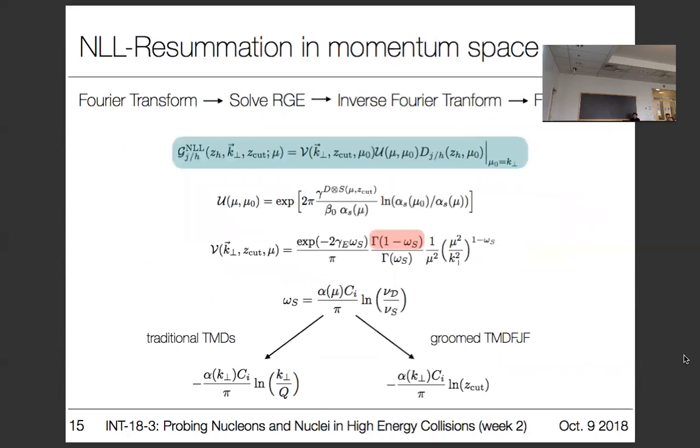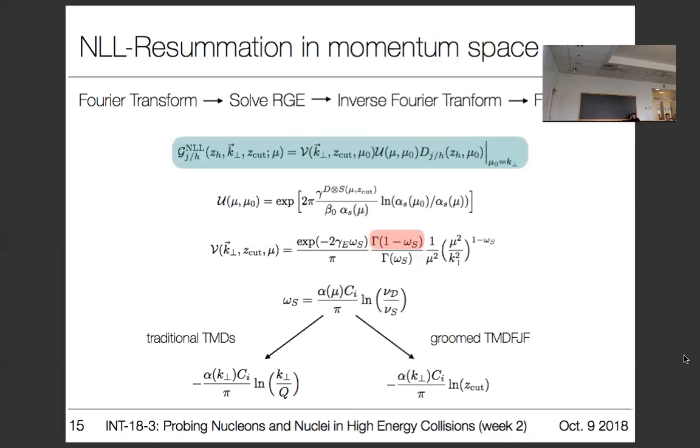And there are two ways you can do this evolution. You can do the momentum space evolution, which is to take the Fourier transform of the RG, solve the RG in Fourier space, take the inverse Fourier transform, and then fix the scales. If you follow this process, then you get the following result here.